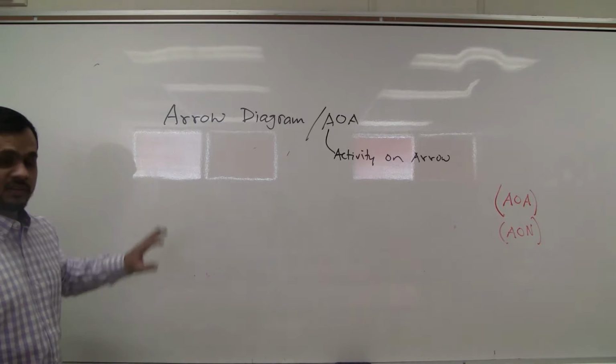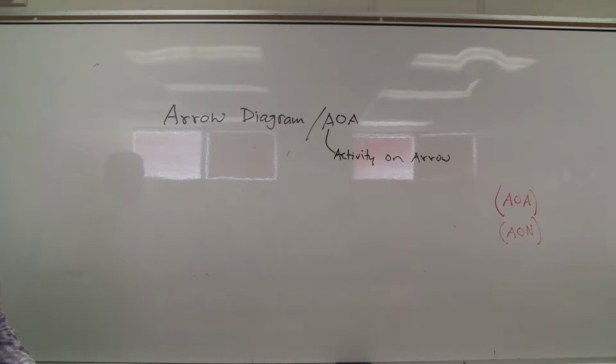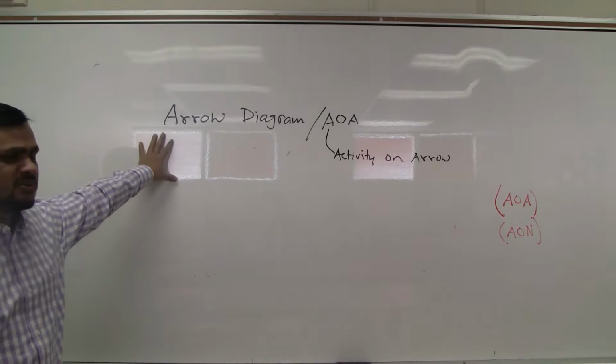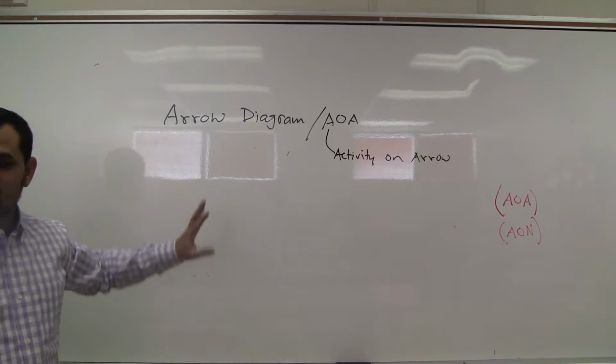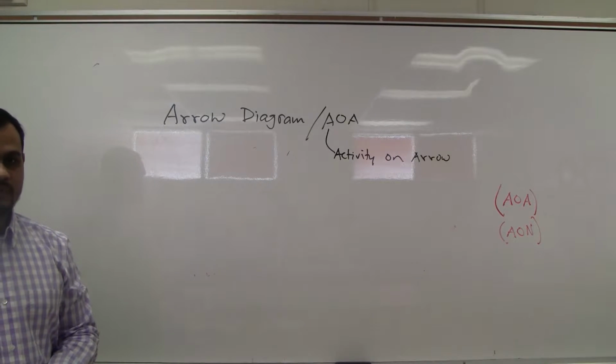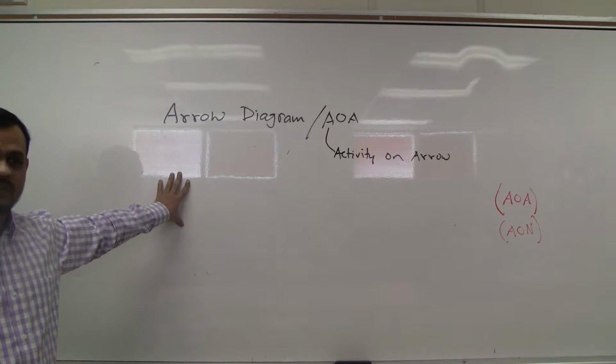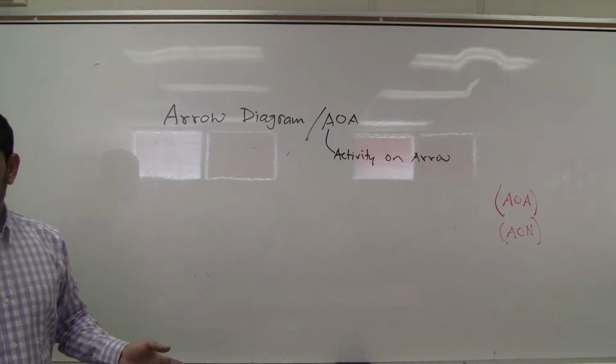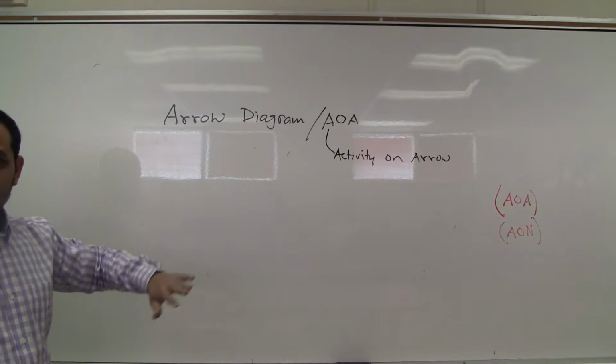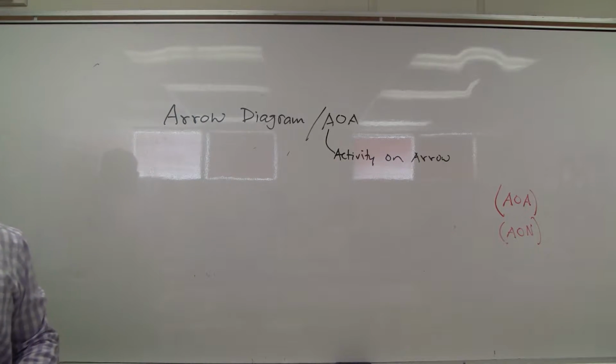So before starting, let me give you some very bad news. This method was invented sometime between 1956 and 58. It became very popular from 1960 to 70. Very popular. Then the node method came and it became like useless.